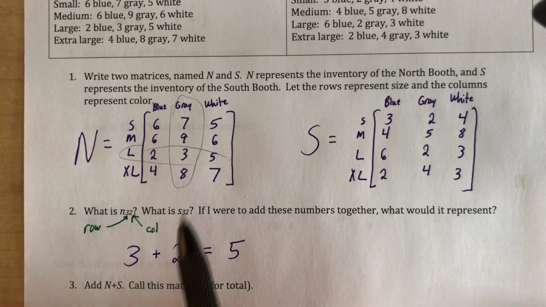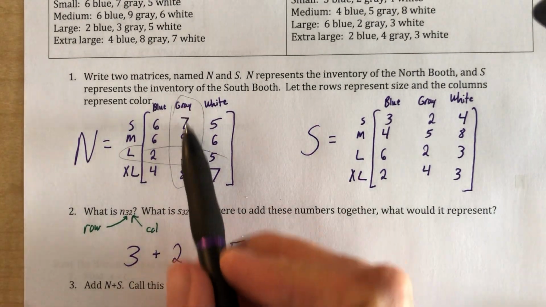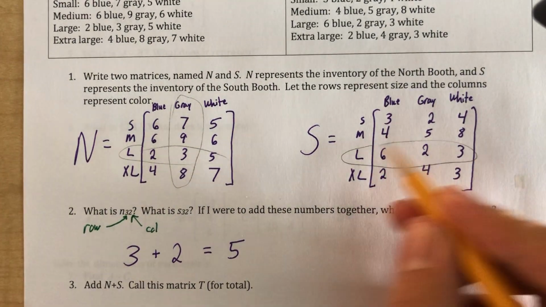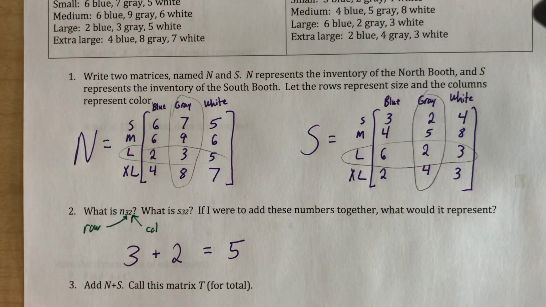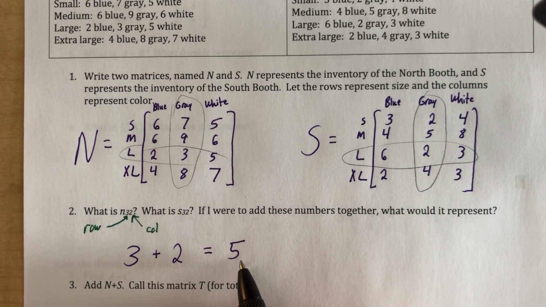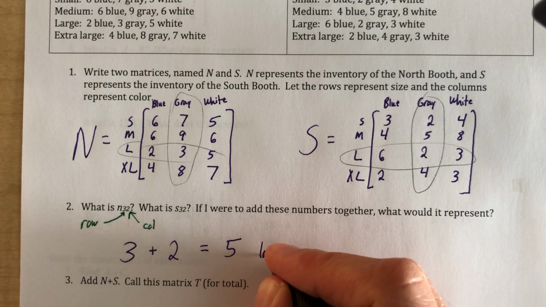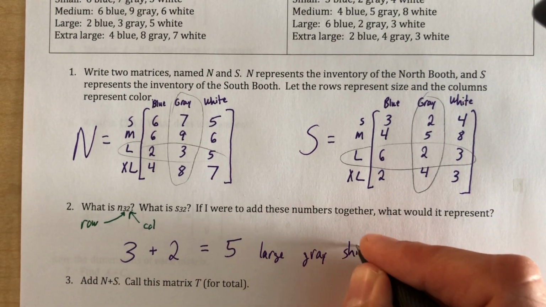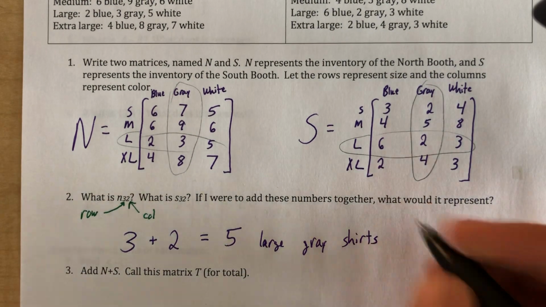This 3 was large shirts that were gray, and this 2 was, we can circle it over here, large shirts that are gray. And so 3 large gray shirts on the north side, 2 large gray shirts on the south side. So this is the total number of large gray shirts. Large gray shirts. And I'm going to put one more word in here, and that's the total.